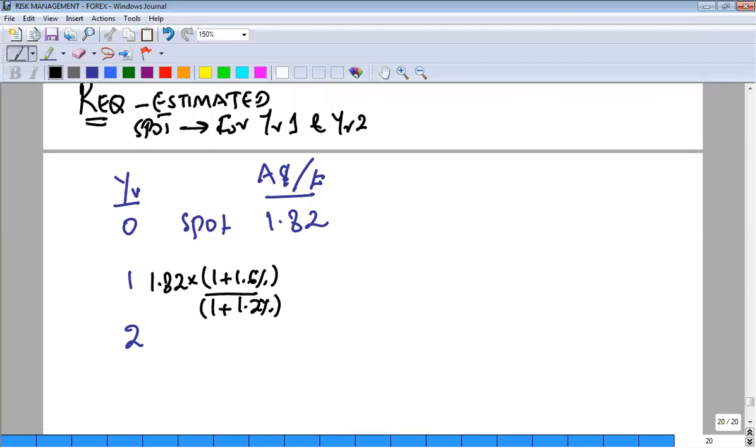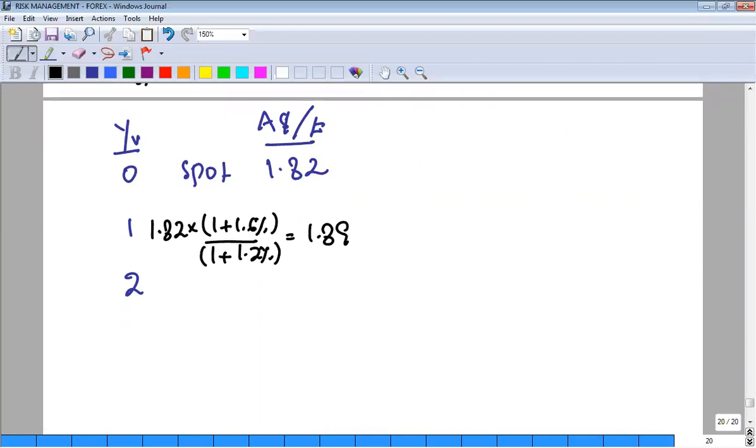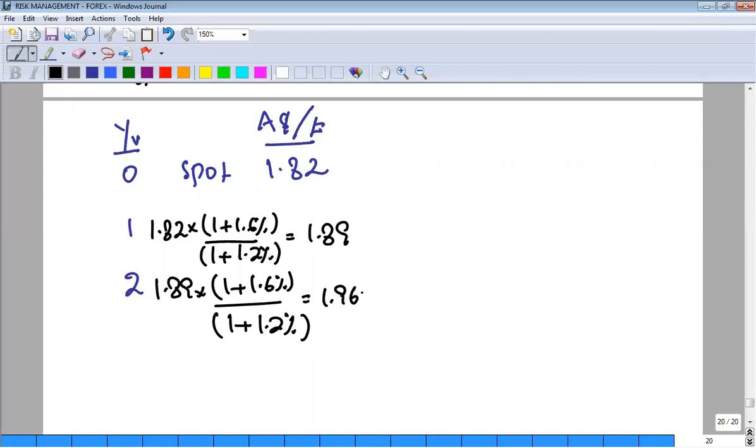Now try to work out 1.82 multiplied by 1.06 divided by 1.02. That means the expected rate is 1.89, and plotting this 1.89, 1 plus 1.6% divided by 1 plus 1.2%, gives 1.965, that's 1.96 or 97.